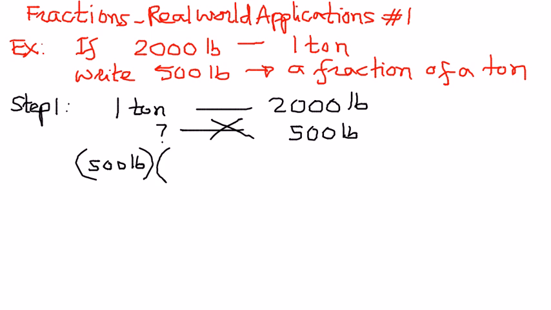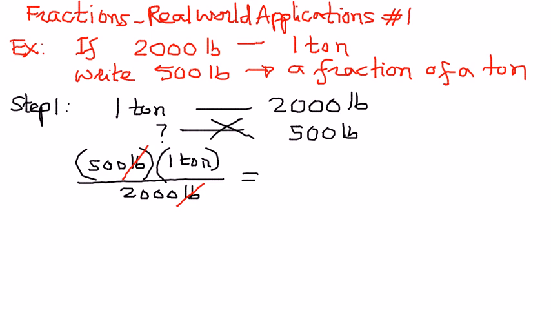500 pounds times 1 ton divided by 2,000 pounds. So when we simplify this, the units of pounds cancel out. So the answer we're going to get is going to be in tons.